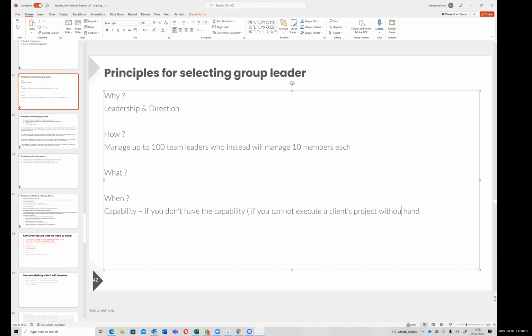You guys agree with me? Yeah, we are with you. You cannot be a group leader if you don't have capability. If you don't know how to work single-handedly for your client, then you can't be a group leader. That's one.